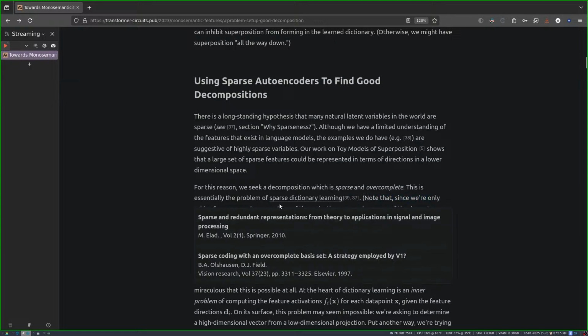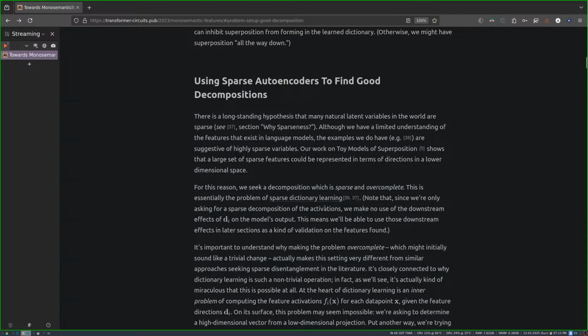Now, in that sense, we are not only asking for a sparse decomposition of the activation, yeah, we make no use of the downstream effect of D on the model's output.